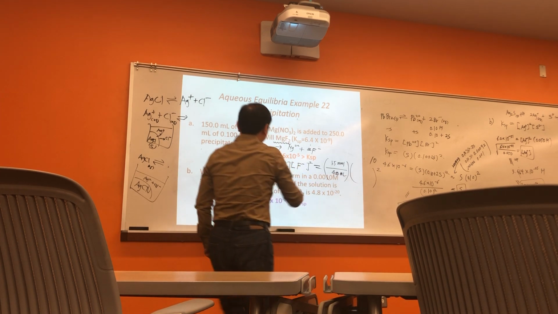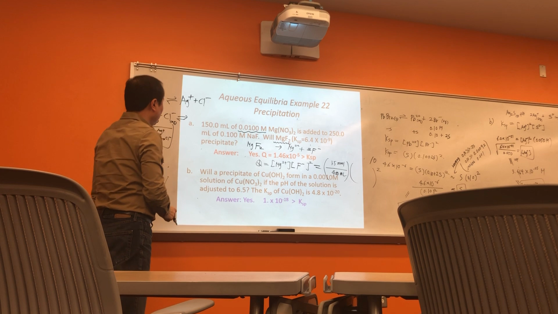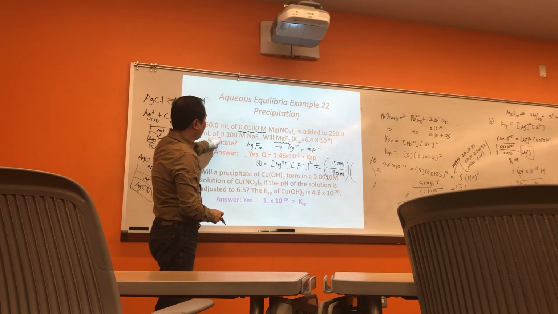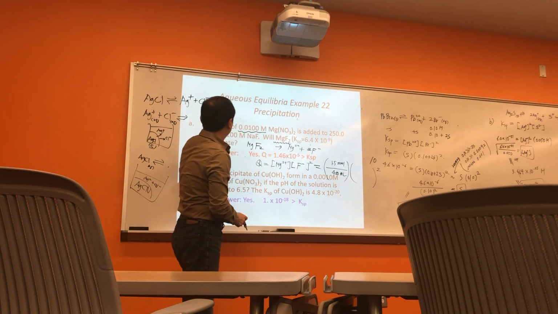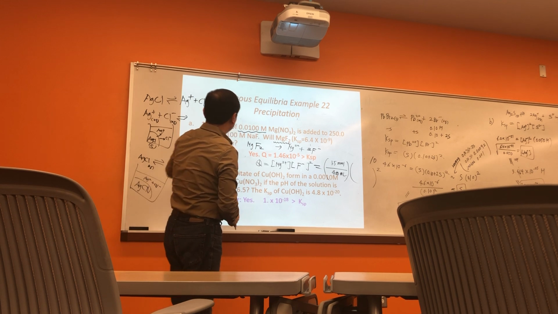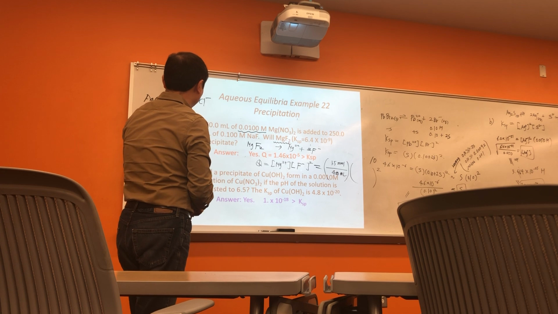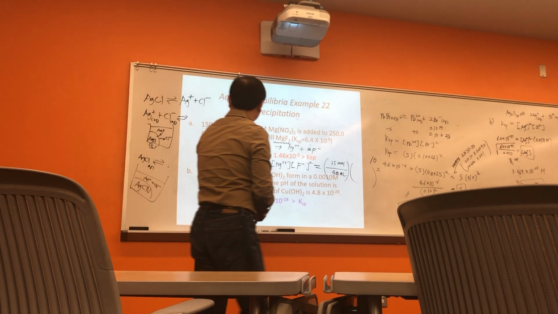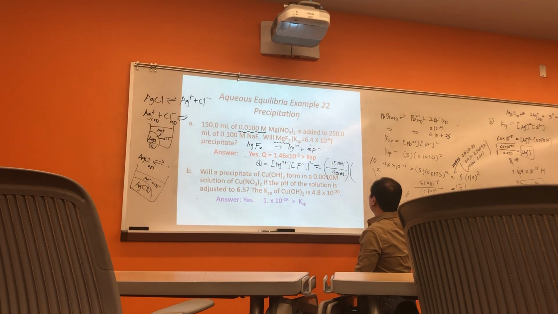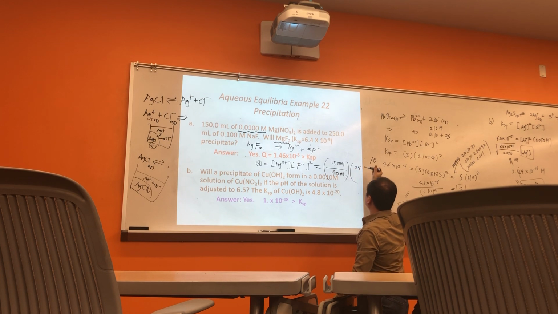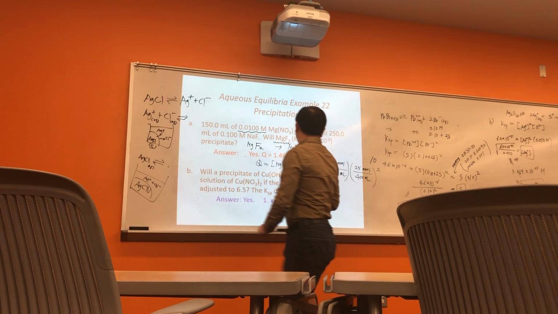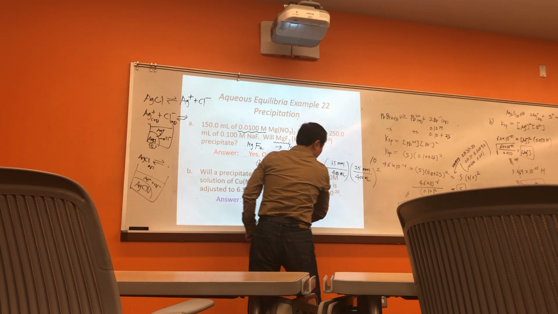Concentration of fluoride is that times this 0.1, which means 25, 25 millimole inside of 400 milliliters. And then we have a scale there.